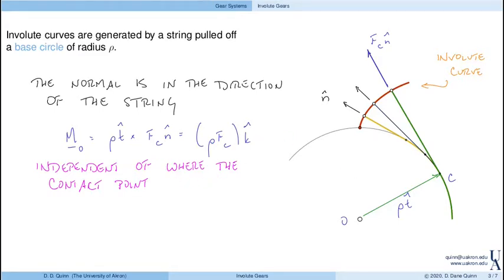Now, finally, the last interesting property is that the distance from the involute curve to the base circle is actually relatively easy to determine.